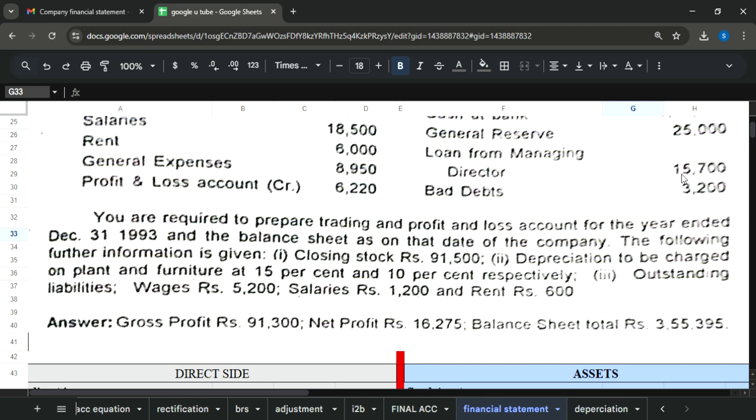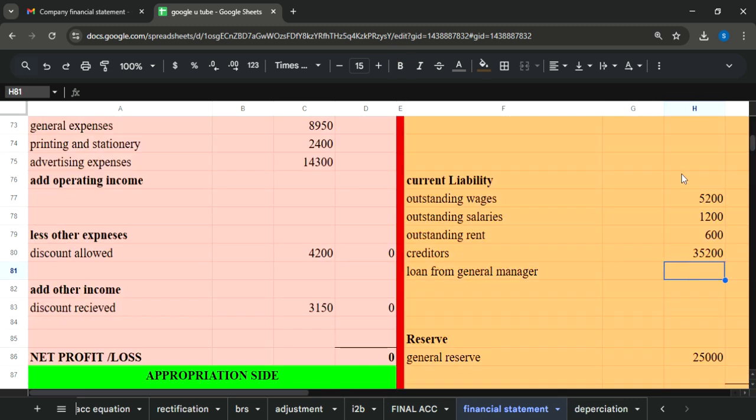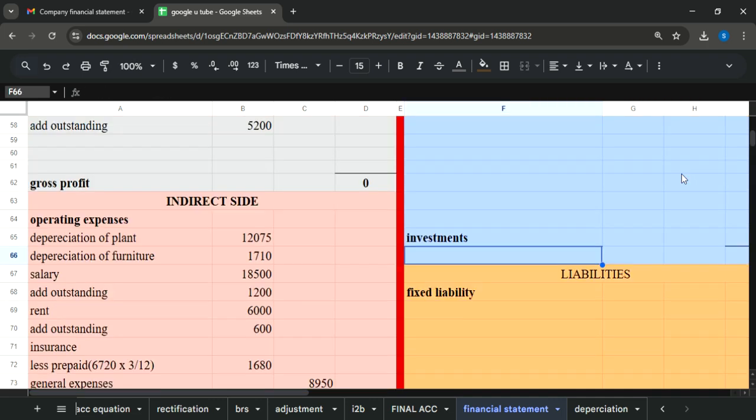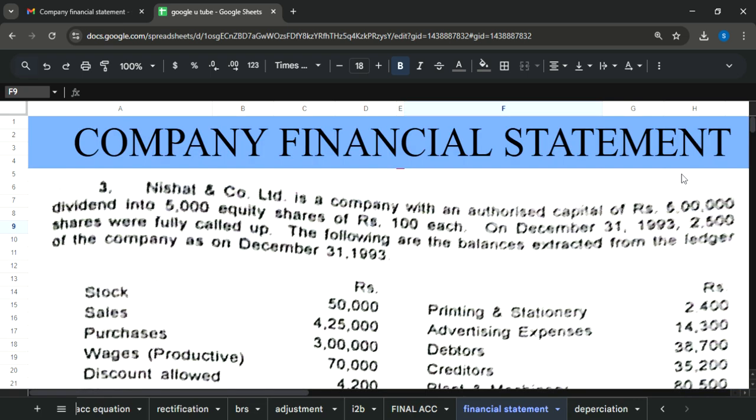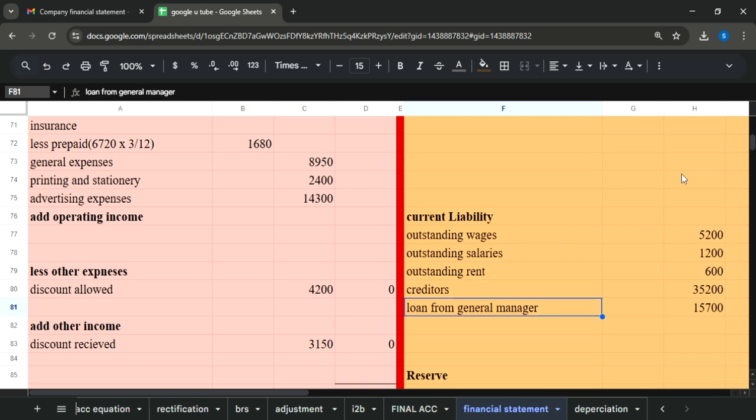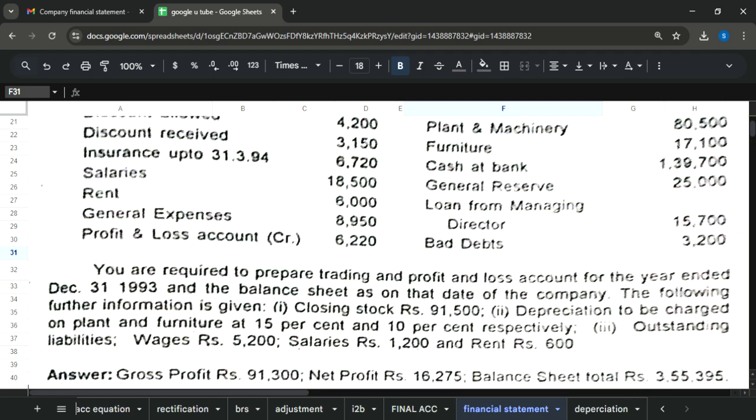Amount is 15,700, and actually it was general manager or managing director. One and the same thing, but let's write it. So it is managing director, 15,700.